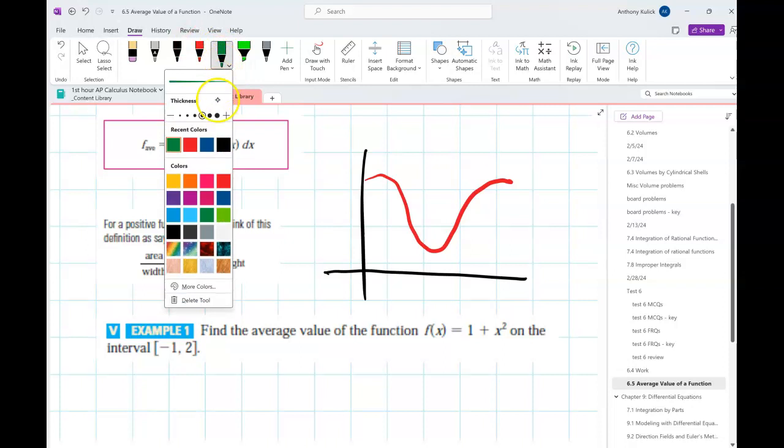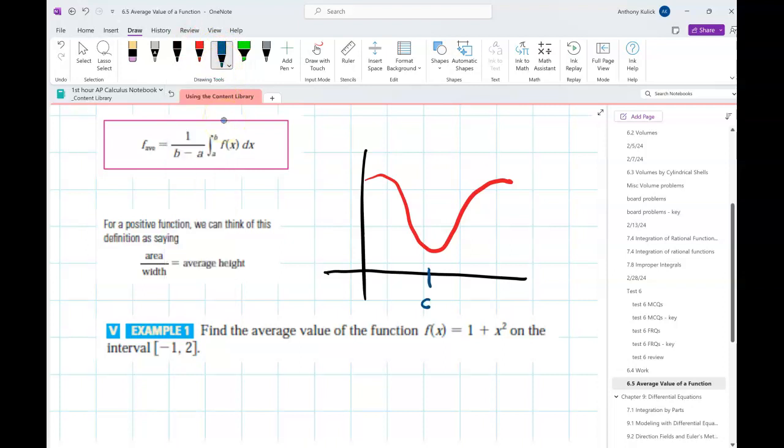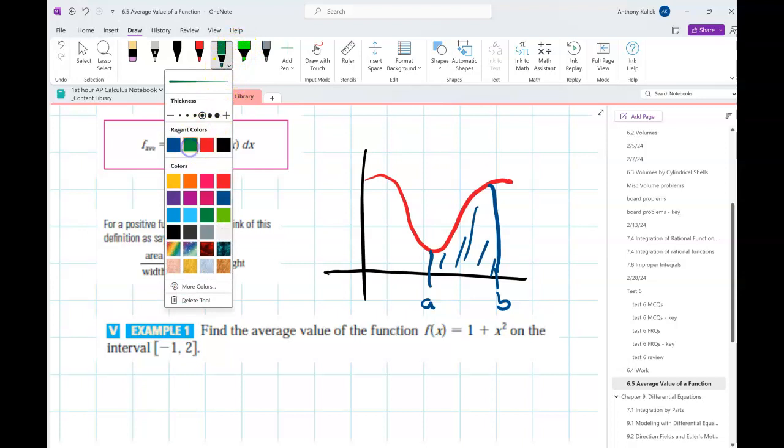Let's do something like that and make that a and that b. So that's the area under our curve, right?